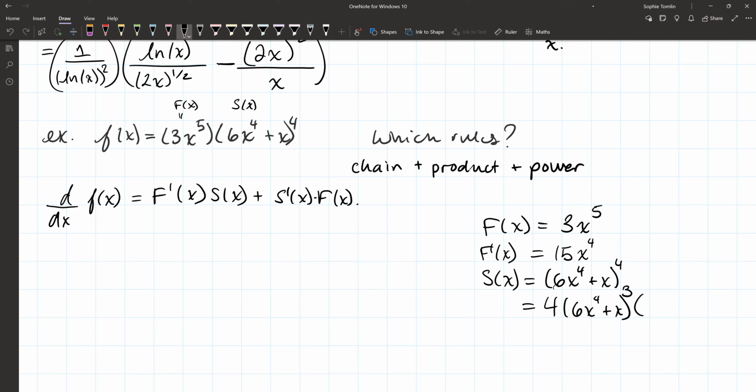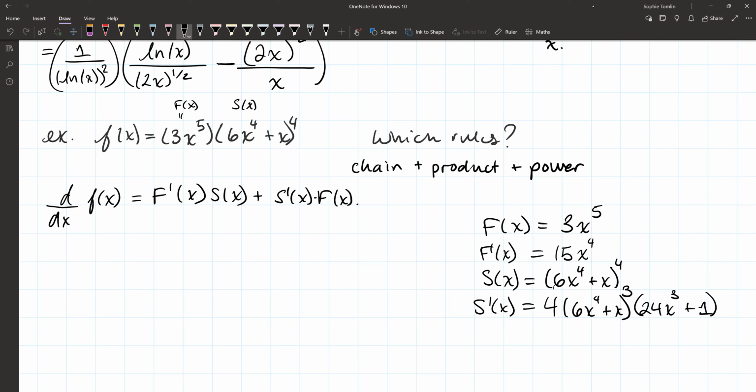So then we have, I guess, 2 power rules. So we multiply this 4 by the coefficient on x. So we get 24x, then subtract 1, 24x cubed, plus the derivative of x, which is just 1 times 1. And so that's going to be the derivative of our second one.